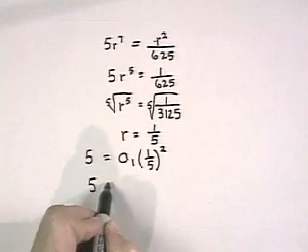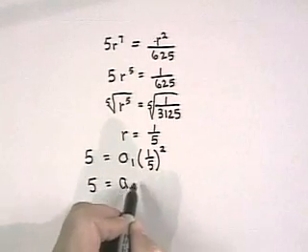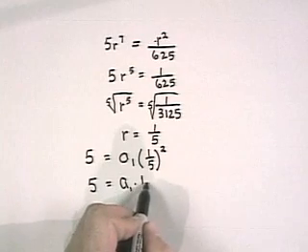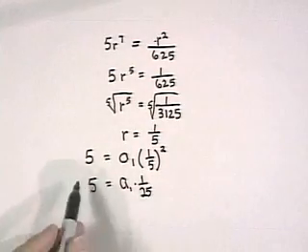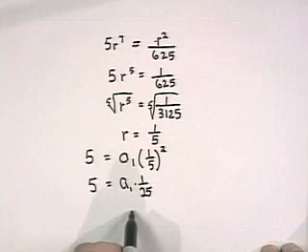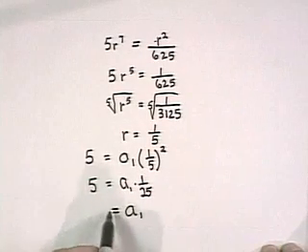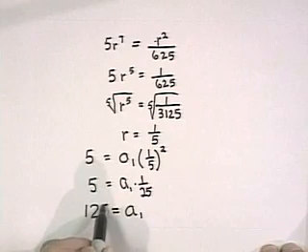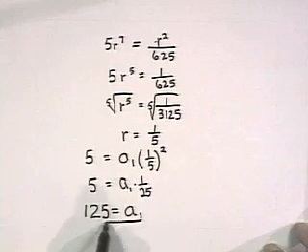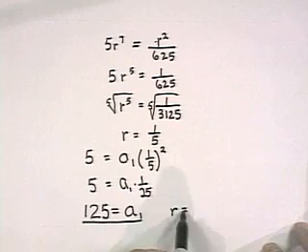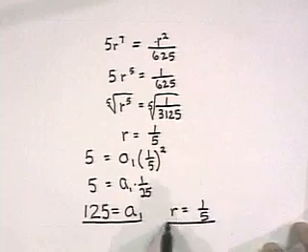If 5 equals a1 times 1/5 squared, that's 1/25, and so we multiply both sides by 25, and we find out that a1 is in fact 125, and we've done what we set out to do. We found our a1, and we know r is 1/5.